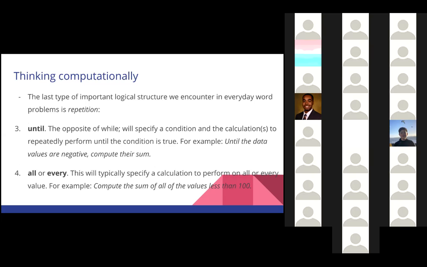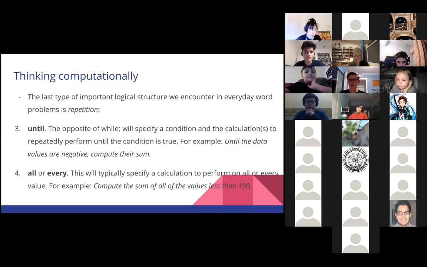Next, until, the opposite of while, will specify a condition and the calculations to repeatedly perform until the condition is true. For example, until the data values are negative, compute their sum. And lastly, all or every. This will typically specify a calculation to perform on all or every value. For example, compute the sum of all of the values less than 100.